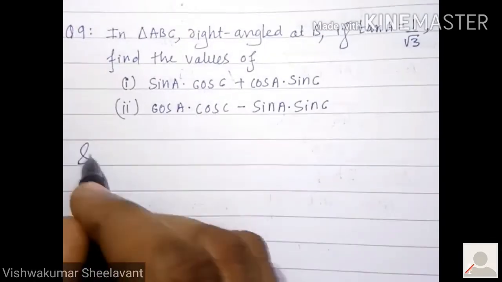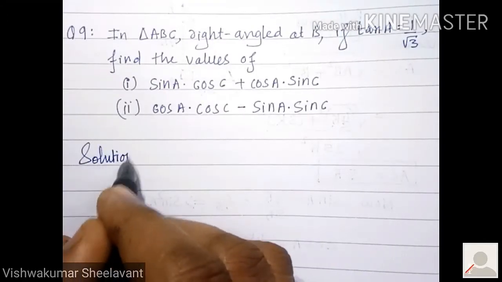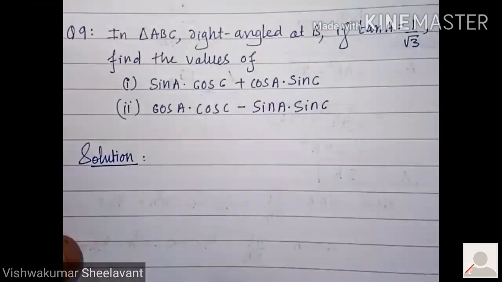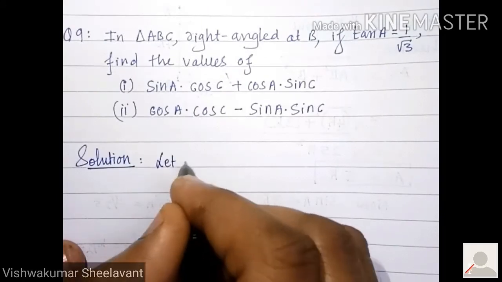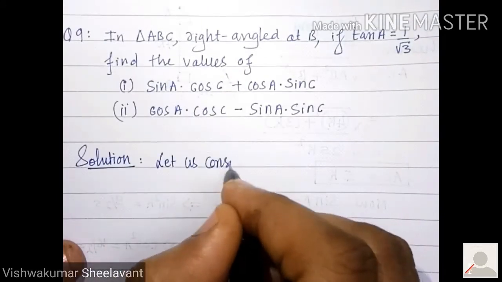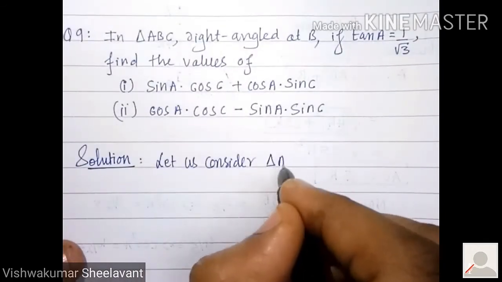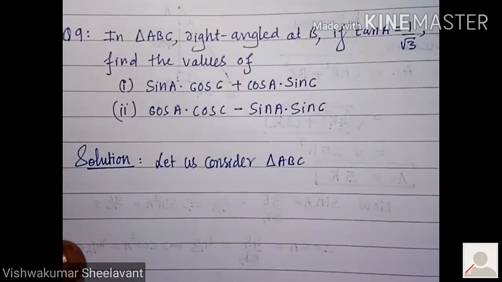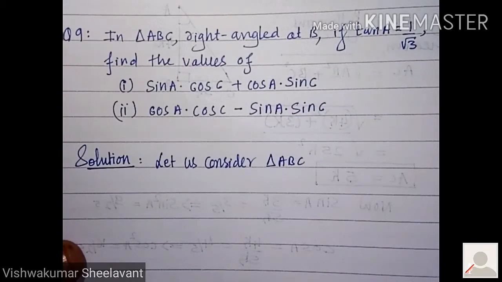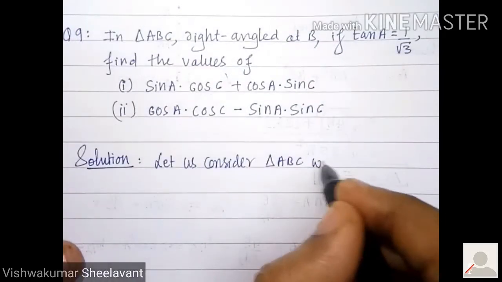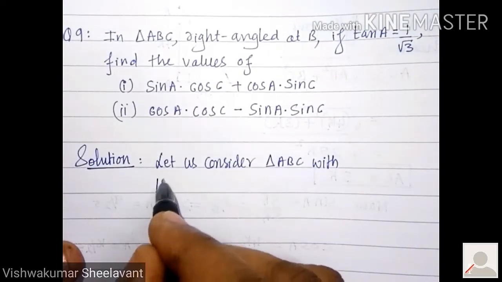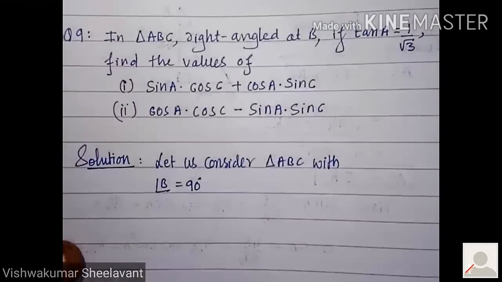Solution. Let us consider triangle ABC with angle B equal to 90 degrees.